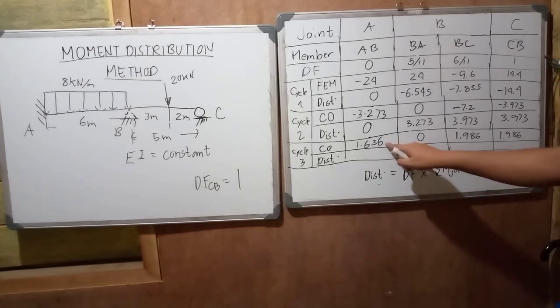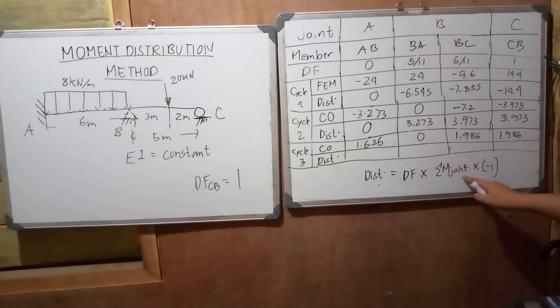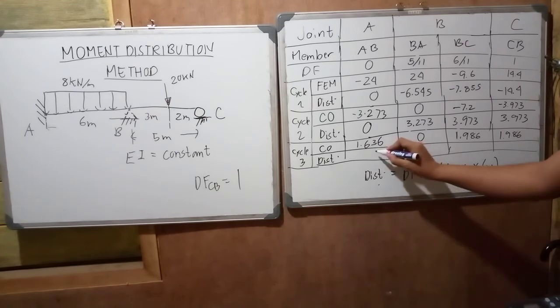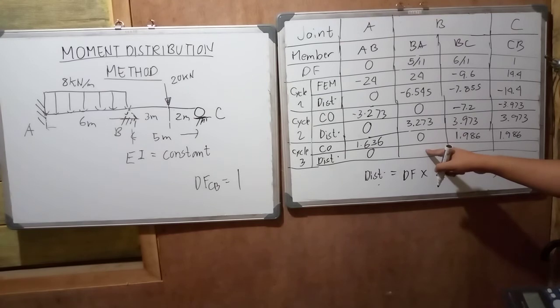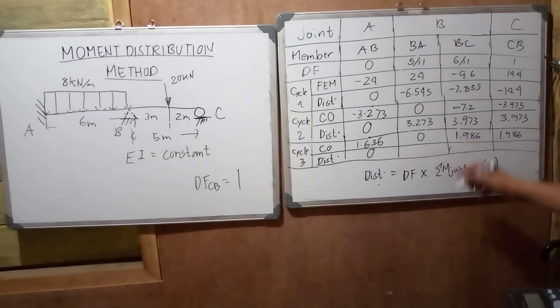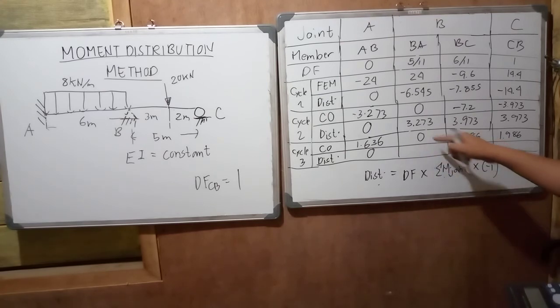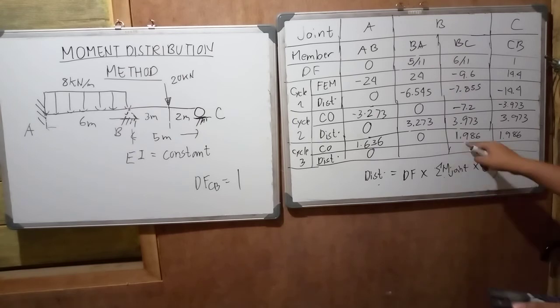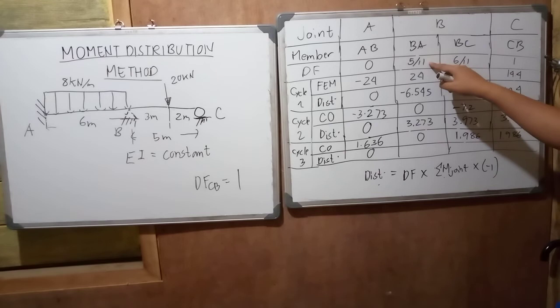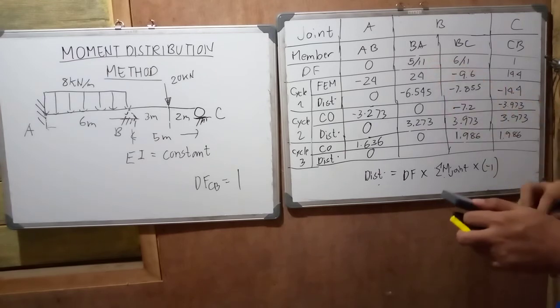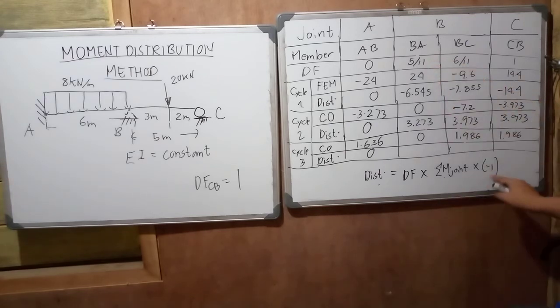Isa lang naman kasi yung member niya. So 1.636 na yan kagad times negative 1 is 0. Okay? So dito, i-add mo yung summation of moment at joint. 0 plus 1.986 is 1.986. Then i-multiply mo kay distribution factor na 5 over 11 times negative 1.